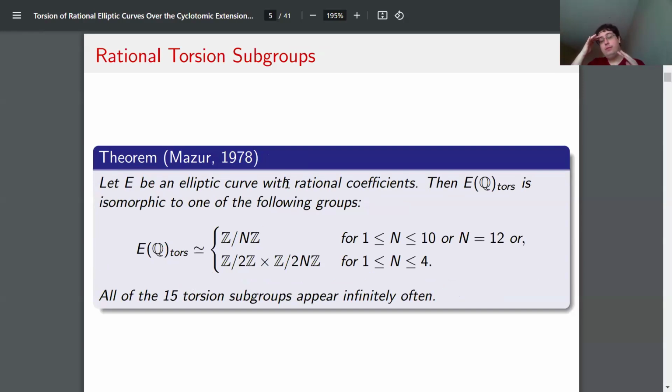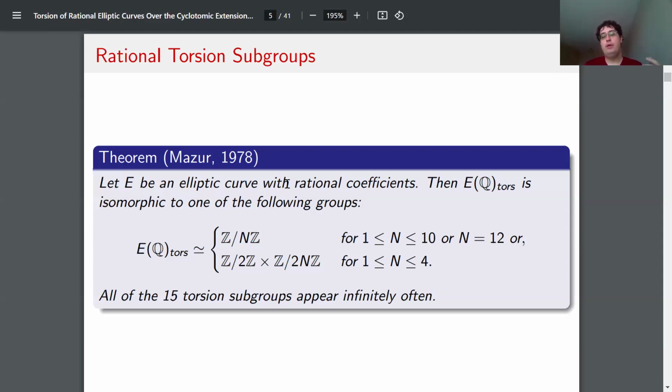I guess the most important theorem about torsion groups is Mazur's theorem. It says that if E is defined over Q, then looking at the Q-rational points, the torsion group is isomorphic to one of the following groups. He classified all the possible structures.